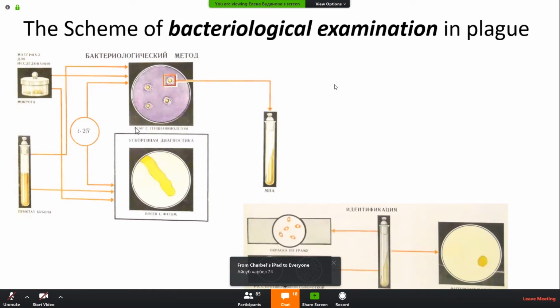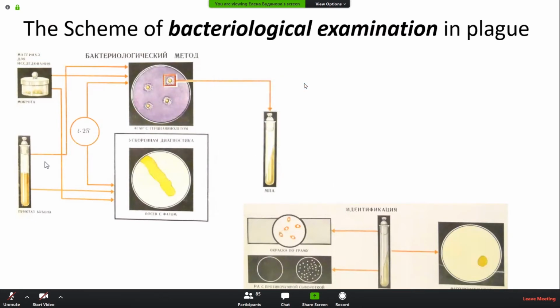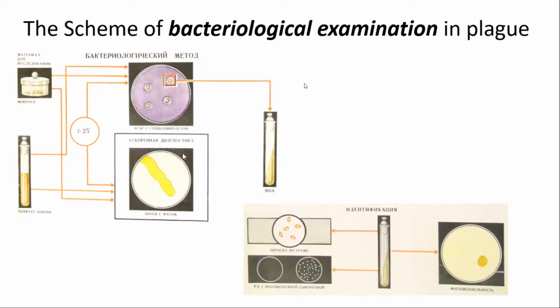And for rapid diagnosis, one more plate is selected, and it is inoculated with a mixture of specimen tested, like pus of bubo, exudate of bubo, mixed with specific bacteriophage. And next day examination shows the appearance of lysis of culture, which shows us the presence of Yersinia pestis in the specimen tested.